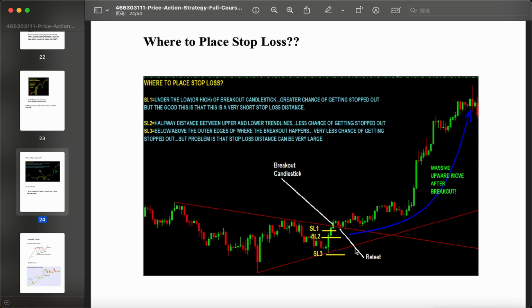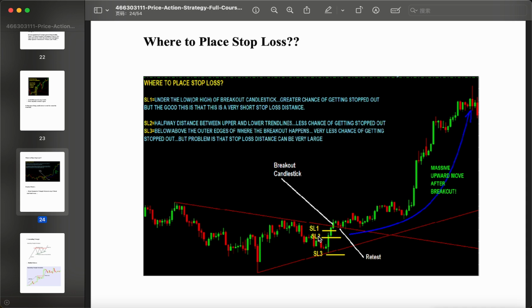And here we see the third yellow line, stop loss number three. It's below and above the outer edge of where the breakout happens. Very little chance of getting stopped out. But the problem is that the stop loss distance can be very large.